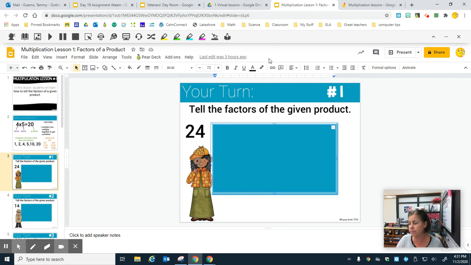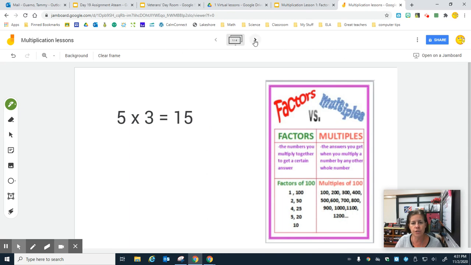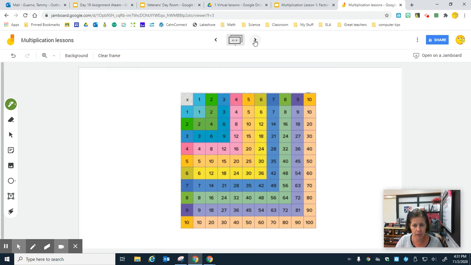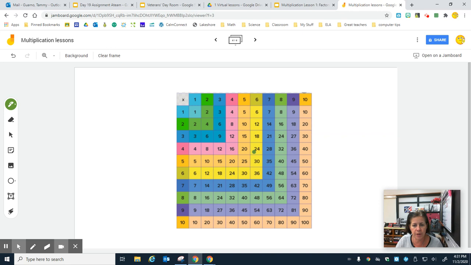Another thing you can do is go down your chart. Where do I find 24? So 4 and 6 are factors of 24, and just keep searching your chart for all your 24s. It's probably not the best way. 6 and 4, okay? 8 and 3, I'm seeing 24 there. So that's how you find factors.